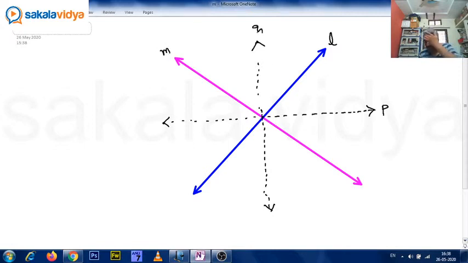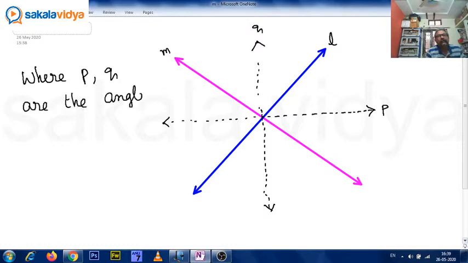Where P, Q are the angle bisectors between L and M lines.